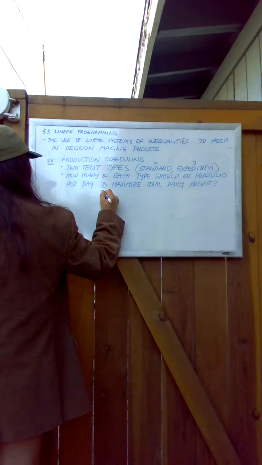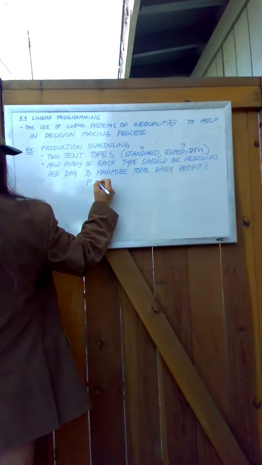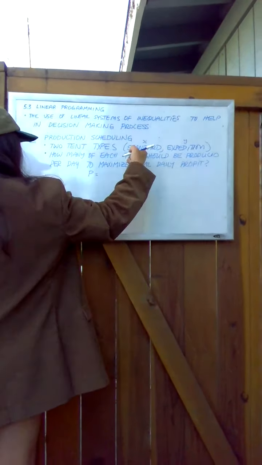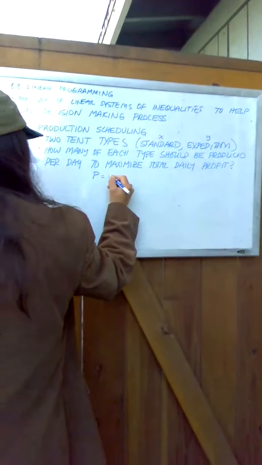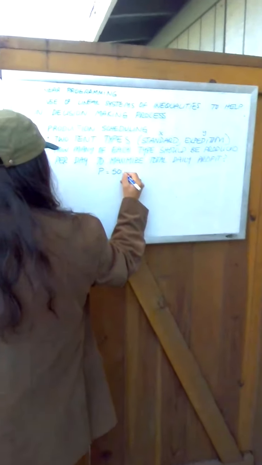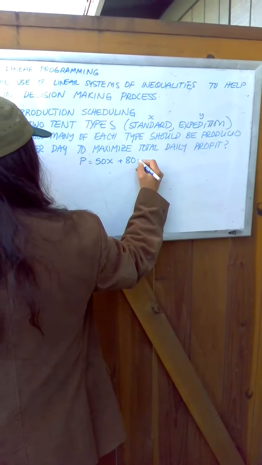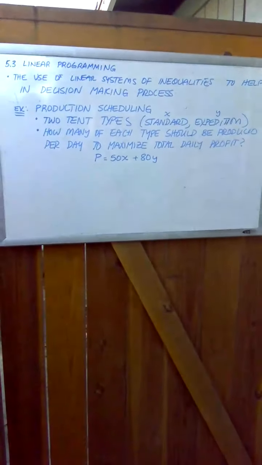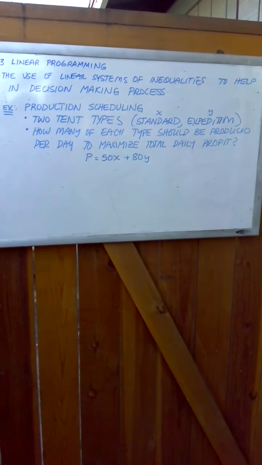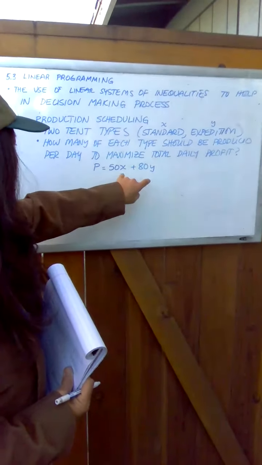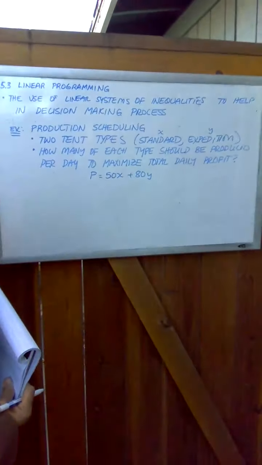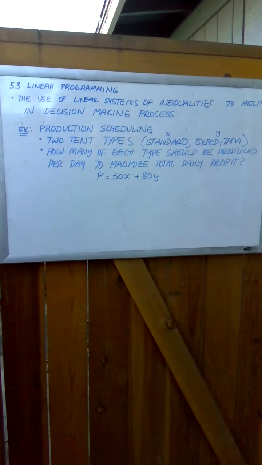Your profit equation, P for profit: you make $50 for every standard tent sold, and you make $80 for every expedition. So that's our profit equation, and we want to know how many of each I should make so I maximize my profit. Okay?